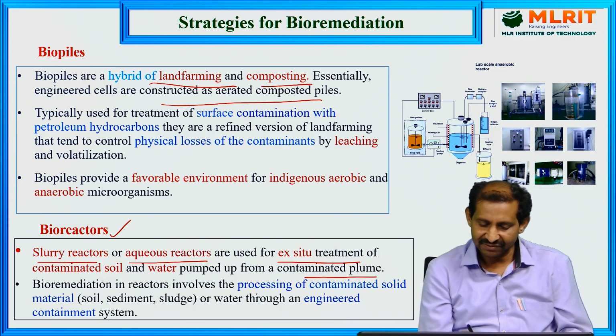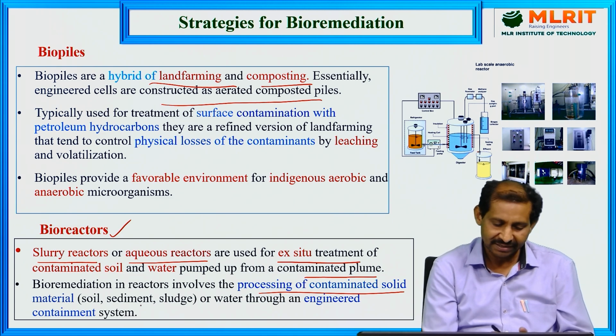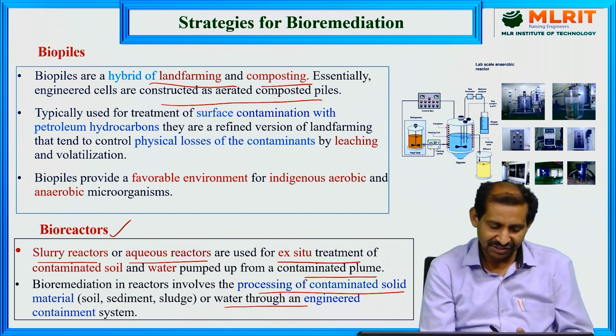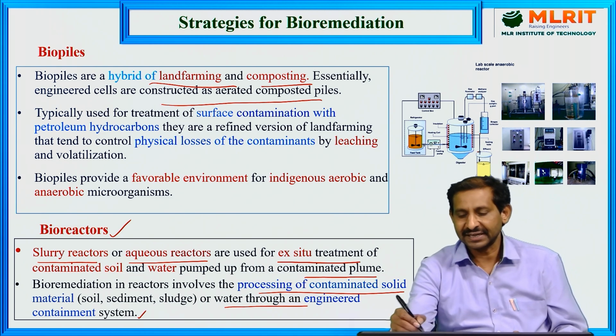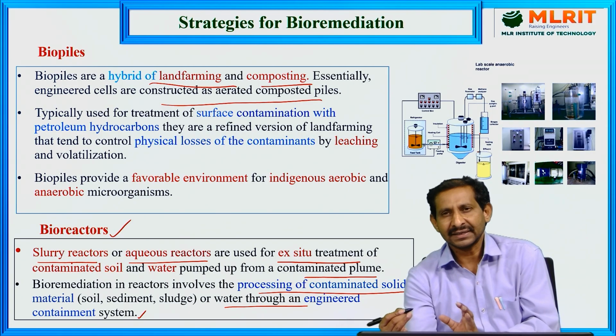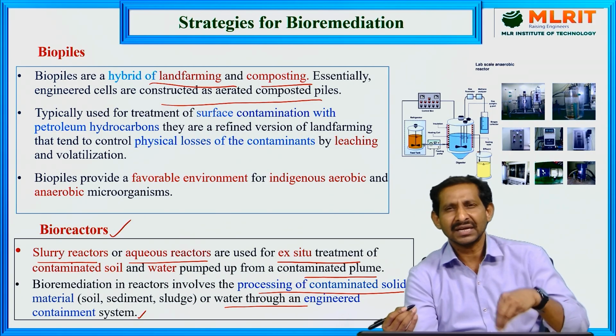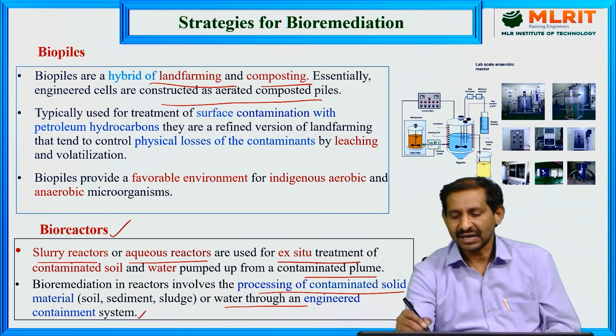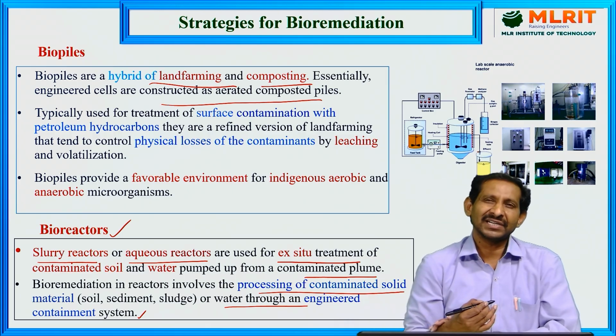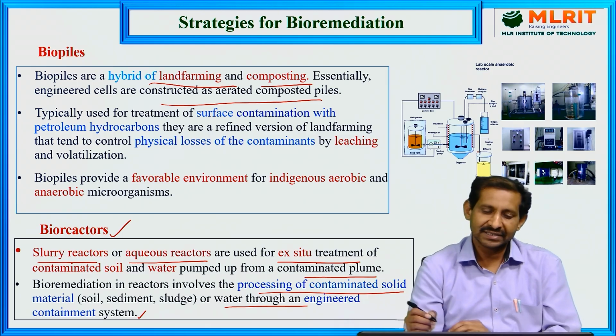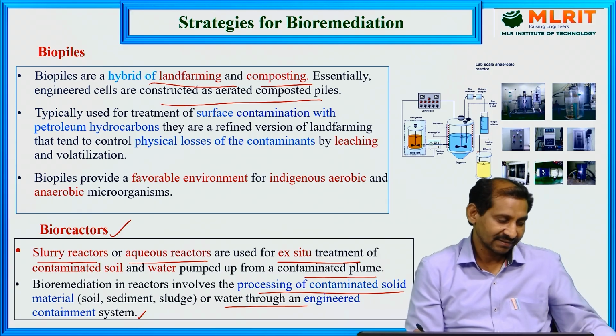Bioremediation reactors involve processing contaminated solid or water through an engineered containment system. For example, take a reactor containing the contaminated material, add microbes and oxygen, and maintain the pH. These are all the conditions that drive the degradation process. That is called the bioreactor strategy.